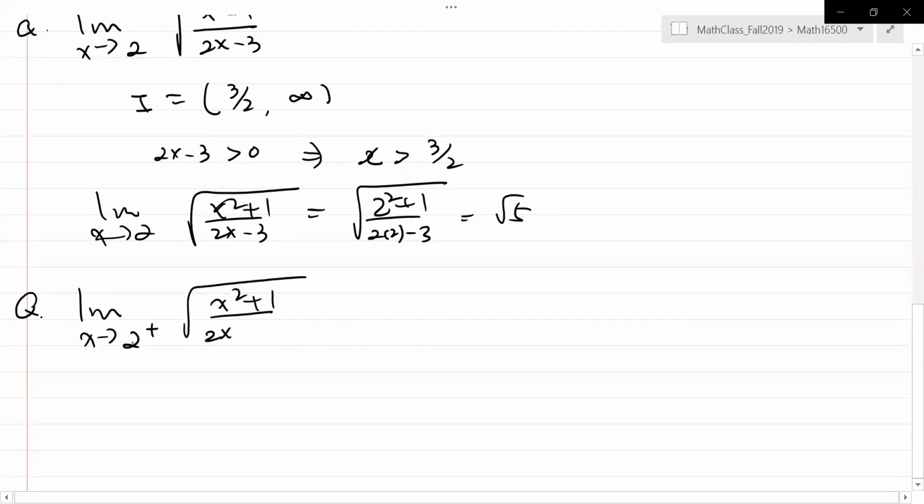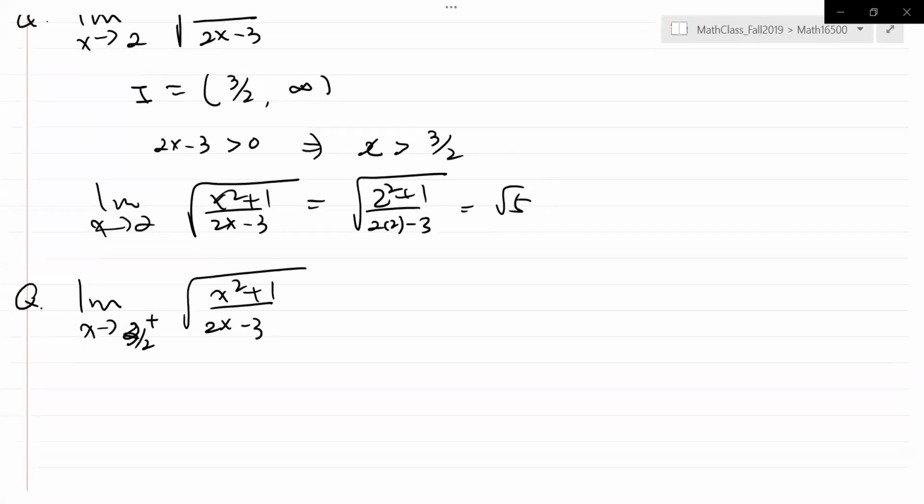Here's another example. Just let me say a little bit more about this. The same function, the square root of x squared plus 1 over 2x minus 3. This time we're going to find the right-hand limit as x approaches 3/2 from the positive side. This time 3/2 is not an interior point of the domain.